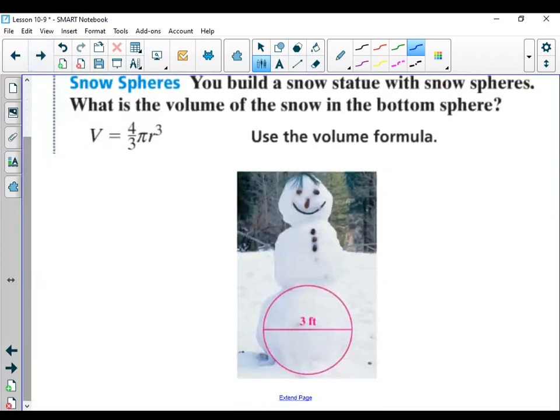So, snowman, oh, he's so cute. Please don't use 3. 3 is the diameter, and nowhere did Archimedes put a D in his formula. He did put an R, which would be 1.5. Who needs help typing?